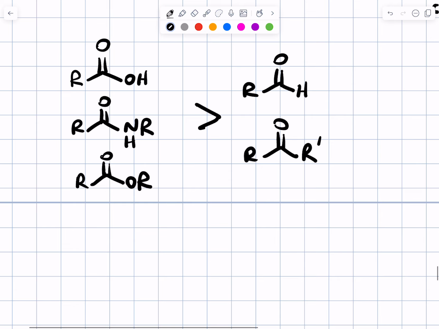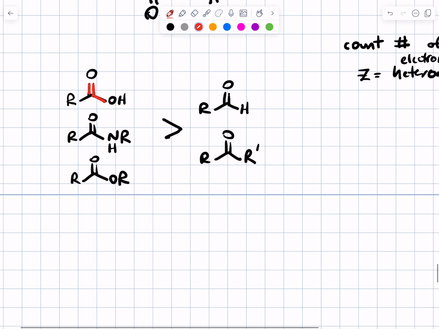Because if you zoom in and look at the carboxylic acid, 1, 2, 3 bonds to an oxygen. We're focusing in on the central carbon of the functional group. Here, 3 bonds, 2 to oxygen, 1 to nitrogen. Similarly, 1, 2, 3 bonds to oxygen.